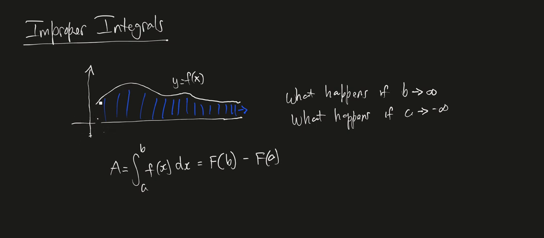Again, what if your function is nice and continuous and it looks like this, but now our region is no longer bounded? So when at least one of your limits, your a or b, goes off to either positive or negative infinity, the interval is now infinite, and we say that we have an improper integral.